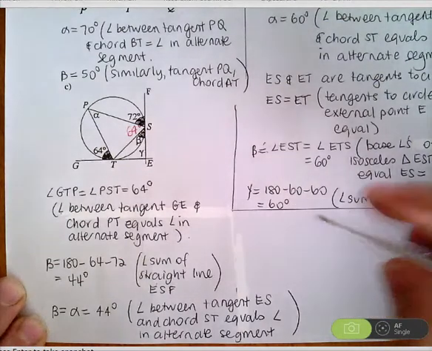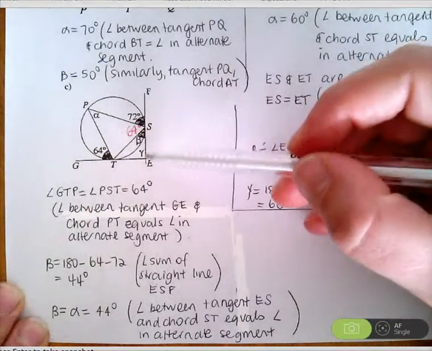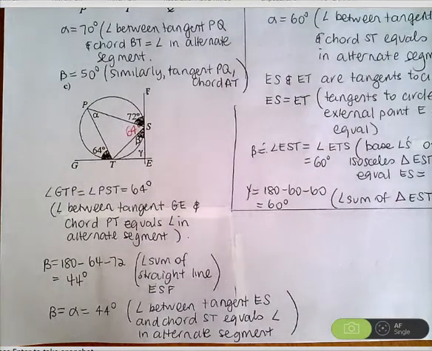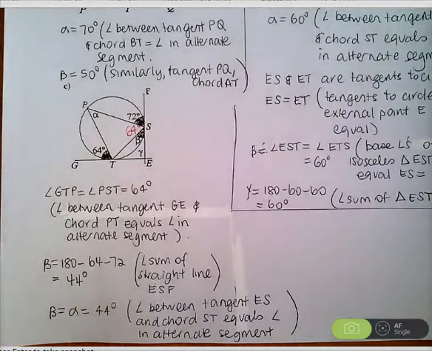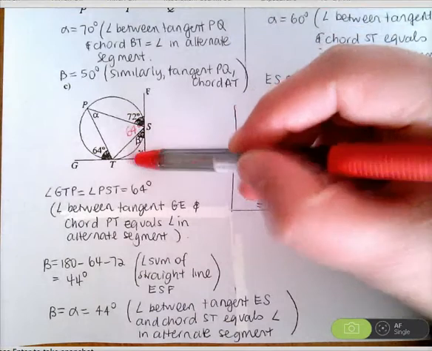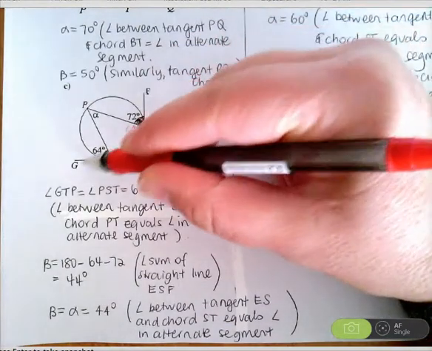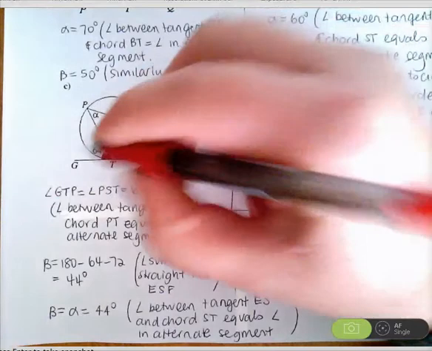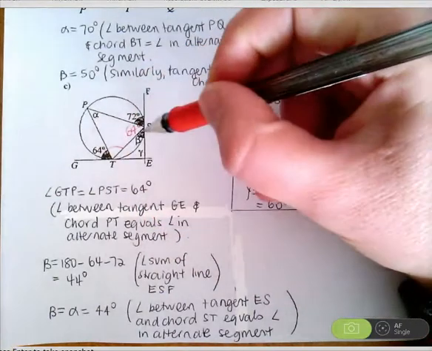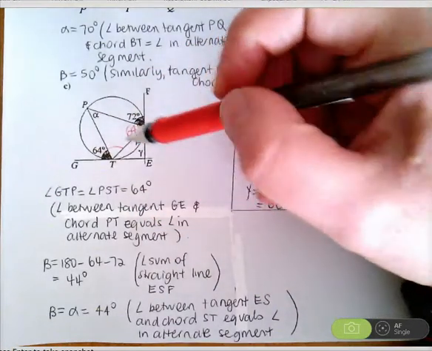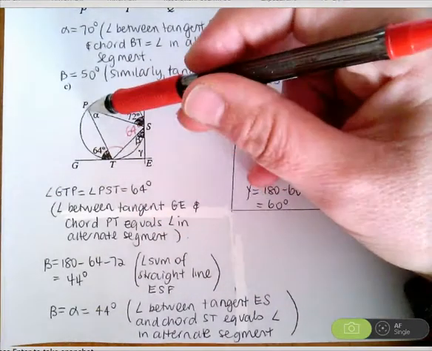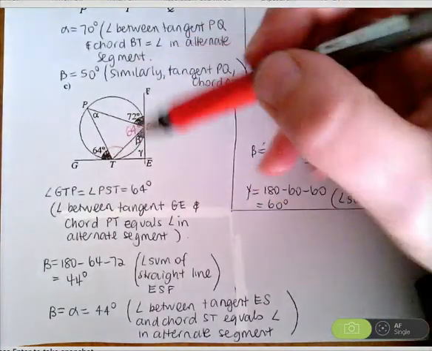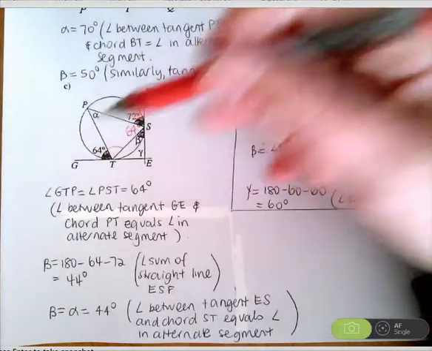And now to work out this last bit, we've got to work out gamma. There are actually a few ways we can work out this gamma. We can see that beta plus gamma is equal to angle GTS, because angle GTS is the exterior angle of triangle STE. We can also work out angle PTS by angle sum of triangle, by subtracting.